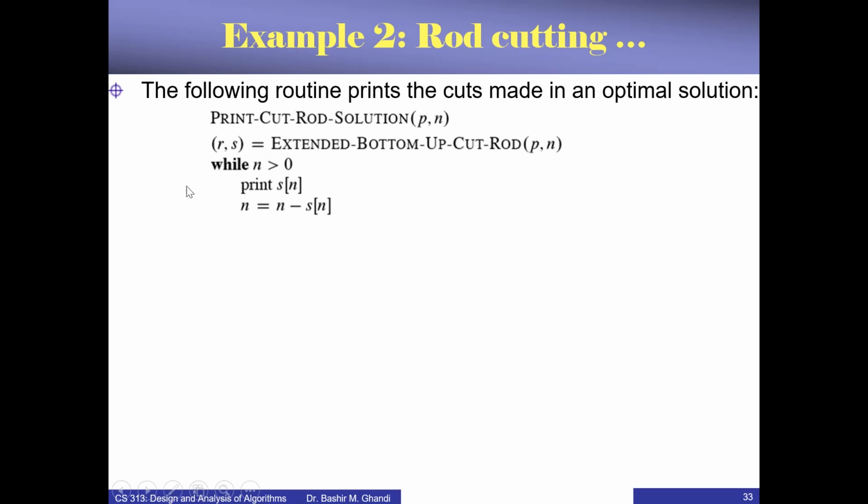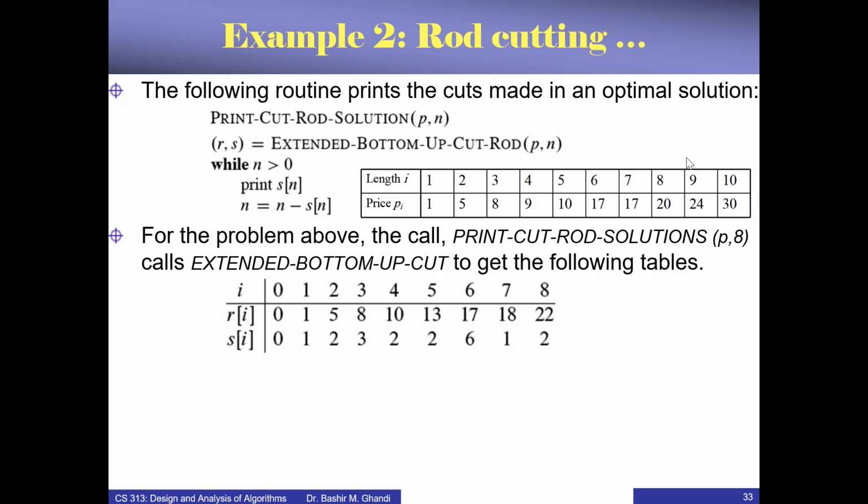And this is the loop that will actually print the cuts. So while n is greater than 0, print S at n, then update n to become n minus S at n. You will see what this means in a moment. So suppose, considering the same example, we call this print cut rod solution with this table and with n equal to 8.